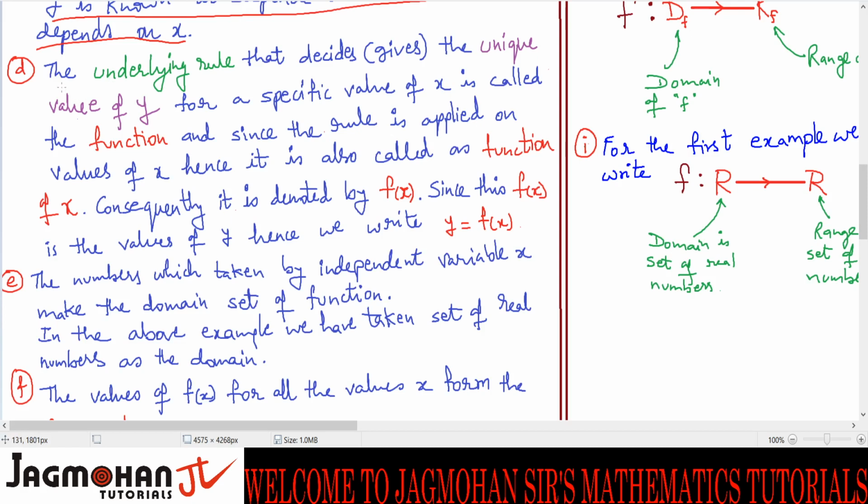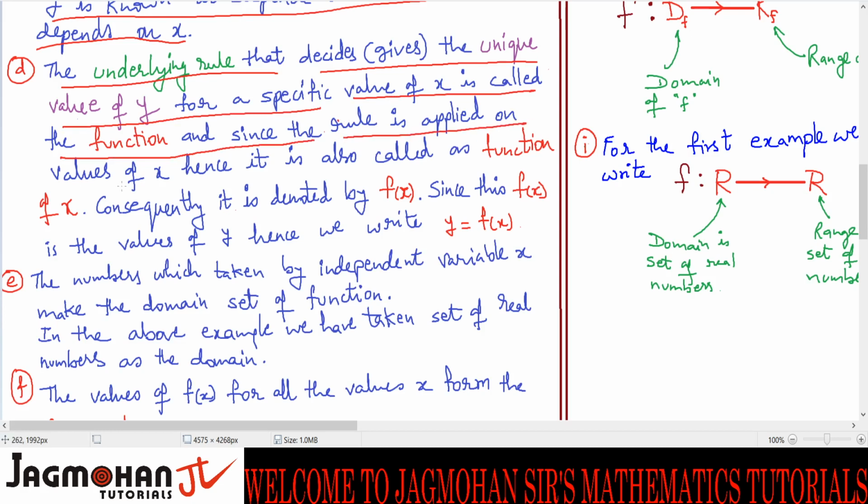The next point is: the underlying rule that decides or gives the unique value of y for a specific value of x is called the function. And since the rule is applied on x, on values of x, hence it is also called a function of x.